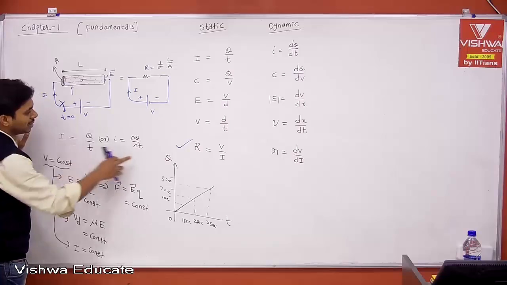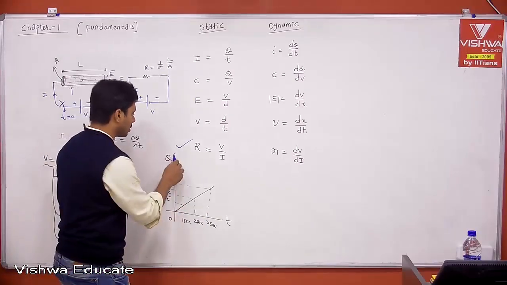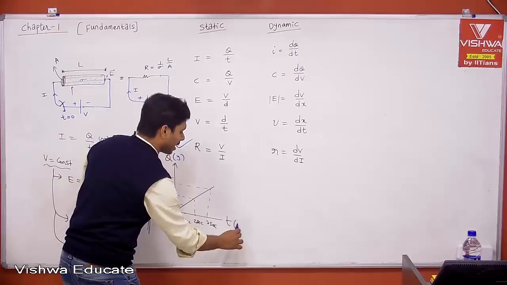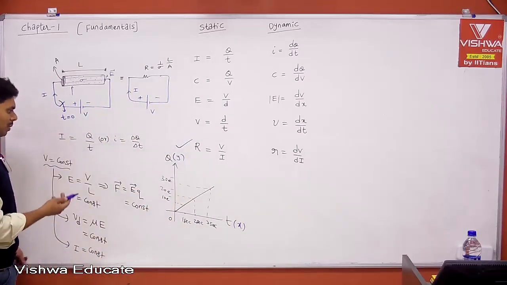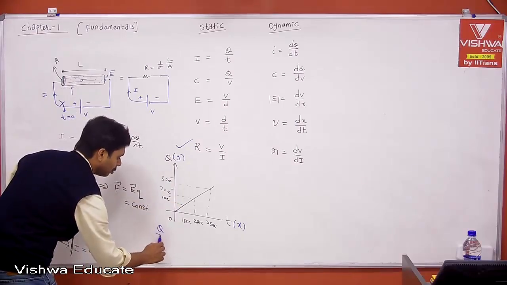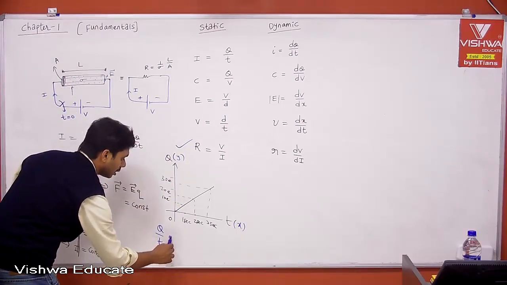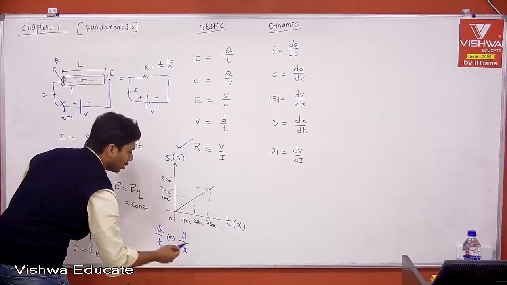Let us say this is the y-axis and this is the x-axis. What do you mean by q by t? Q by t is nothing but y by x, in generic terms. What is y by x?